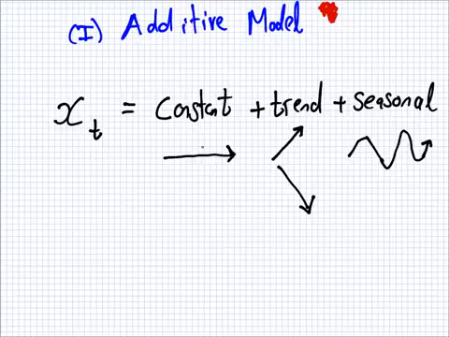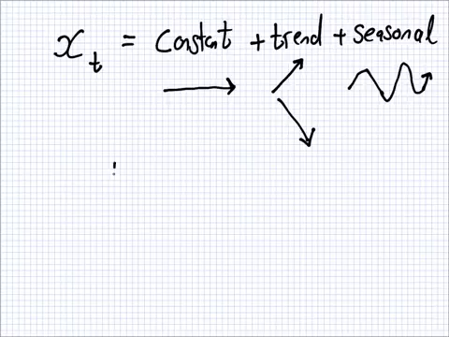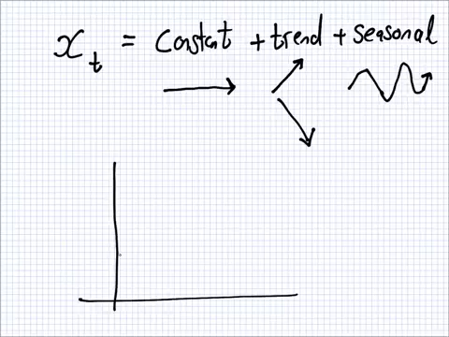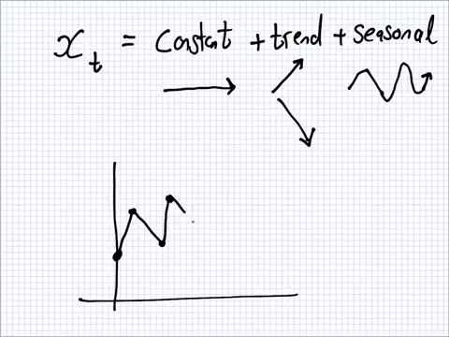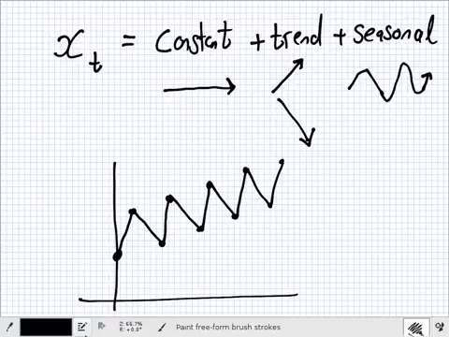So what we're saying is in the additive model, your data might look a bit like this. So can you see that this graph has three parts? There's a constant, so it always starts at least this much.